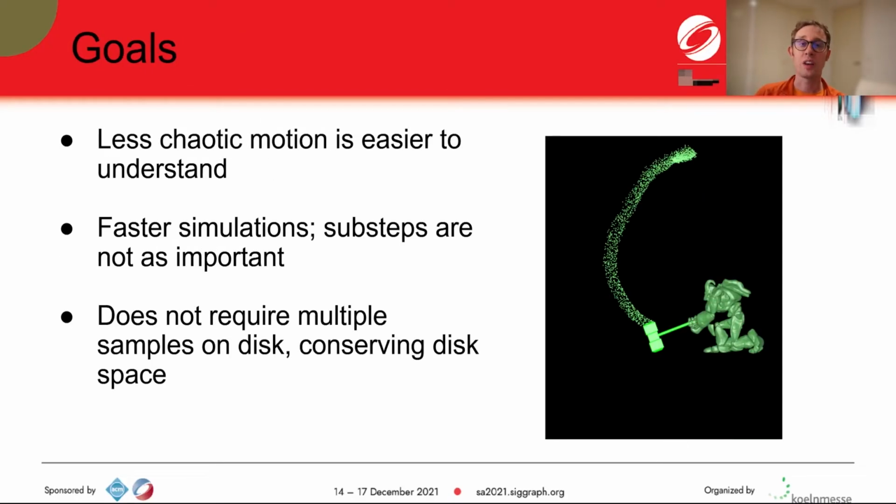So our goals are to create particle simulations that are easier to understand, that are faster because we're not going to be running simulations with substeps as often, and we're not going to be writing those substeps to disk. This approach is good for anything that's moving quickly or rotating quickly, anything where the emission velocity falls off dramatically, or just changes over time.